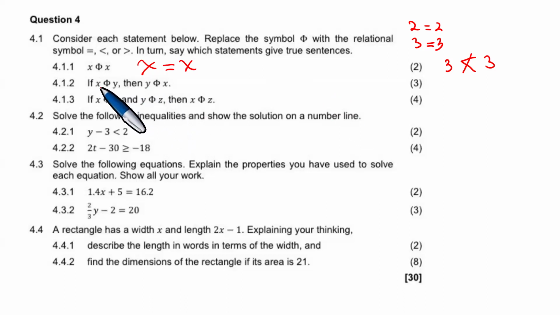If we have that x and y are related, then y and x are related, and the question becomes, what is the relation here? So if x and y are related, how can we therefore relate y and x?